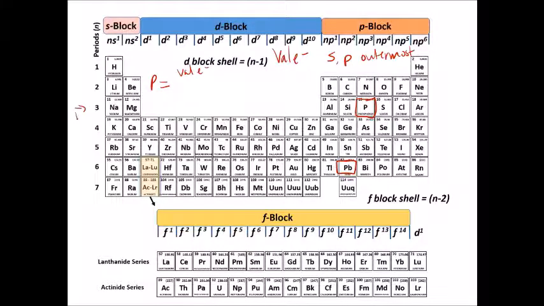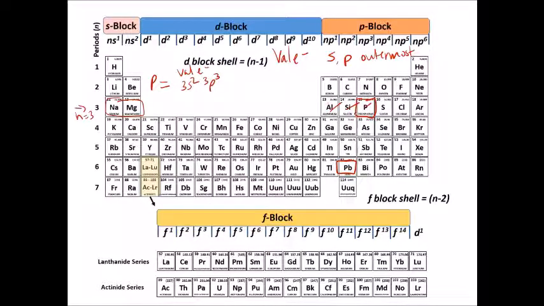It's in row 3, so n equals 3. That's going to be the outermost energy level for phosphorus. And it's going to have 2 in the 3s and 1, 2, 3 in the 3p. That's all I have to do to figure out the valence configuration.